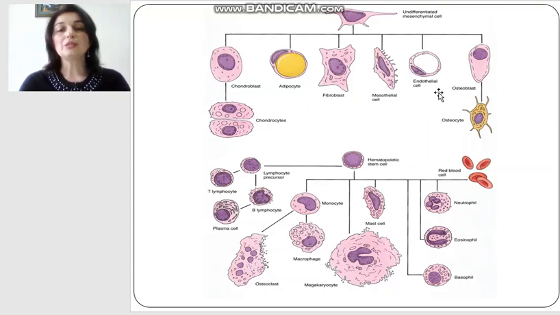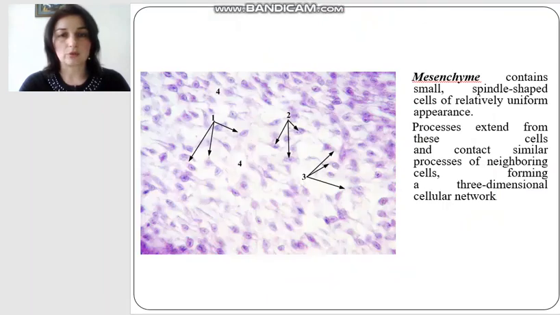Also, pay attention to these two types of cells, which are not considered to be connective tissue cells, but they also originate from the mesenchyme. These are mesothelial cells, which, if you remember, are simple squamous epithelium covering serous cavities, and the endothelial cells, which cover the blood vessels. So that is the origin of the connective tissue.